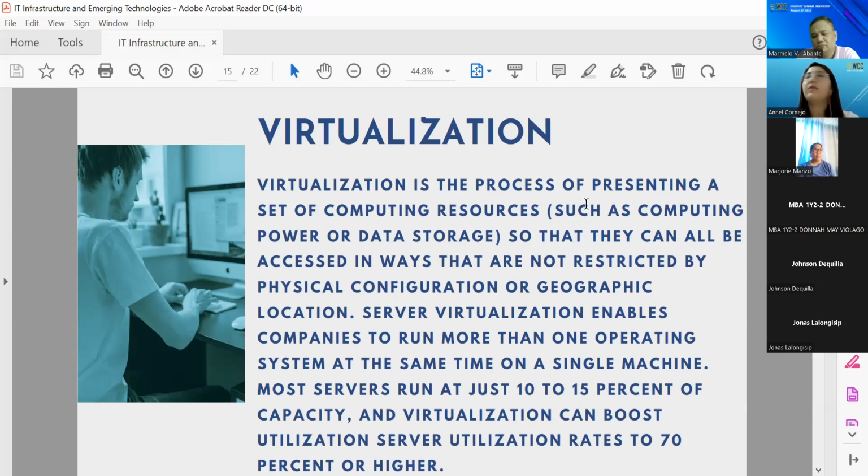Server virtualization enables companies to run more than one operating system at the same time on a single machine. Most servers run at just 10 to 15% of capacity, and virtualization can boost server utilization rates to 70% or higher.